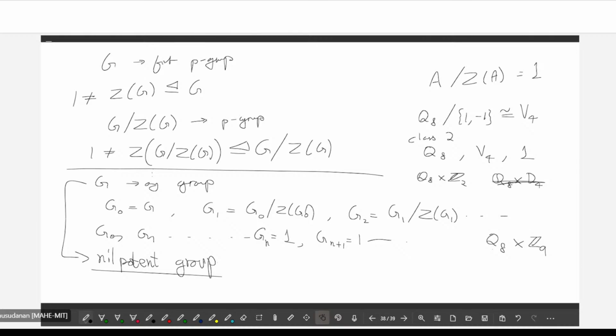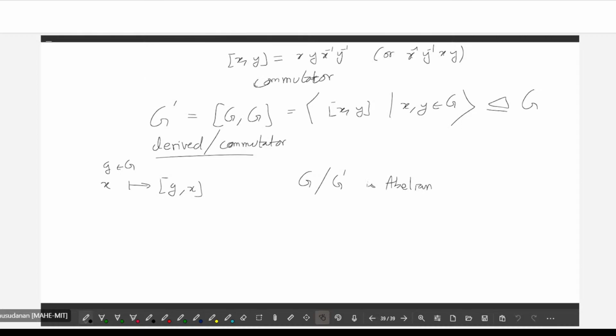And so you can define nilpotence class. That tells you how non-abelian it is, how far away from an abelian group it is. So this is always abelian, but in the particular case where this happens to be contained in the center, then it is a nilpotent group of class 2.